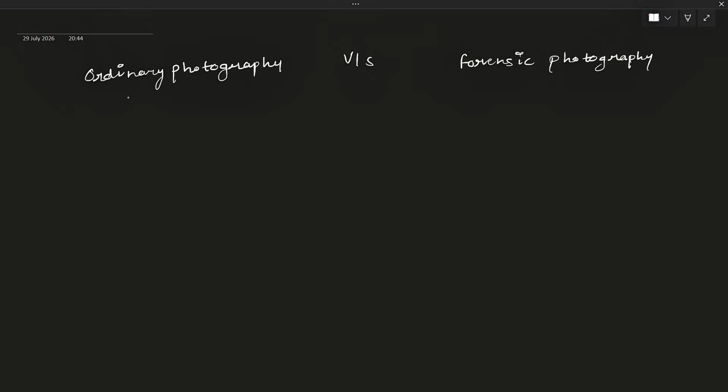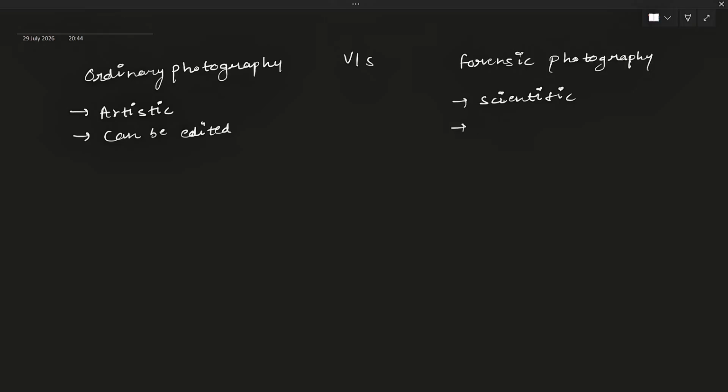So ordinary photography is artistic, and here it is scientific. Then ordinary photography can be edited.